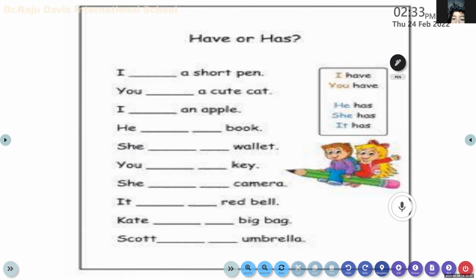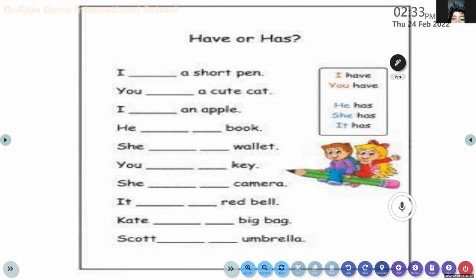Okay. Now let's move on to Ashiga. Ashiga, come on. Unmute it. You have a cute cat. Yes, you have a cute cat. Very good, Ashiga. Now, Ayan, come on. Do the next question. Read the question. I hope you could see the board.